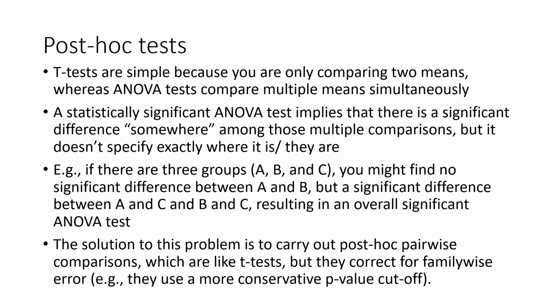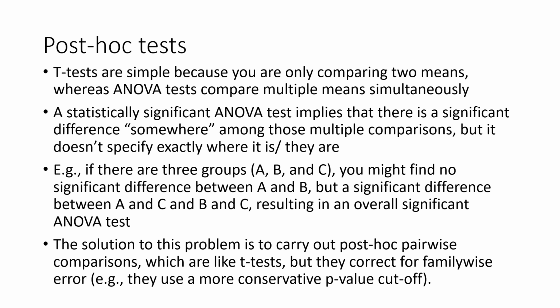So when we do an ANOVA test and we calculate an F statistic, and corresponding to that F statistic is a p-value, and if our p-value is less than 0.05, then we're going to conclude that there is a significant difference in means somewhere. We don't know exactly where that difference is, but we know that there's going to be a significant difference somewhere.